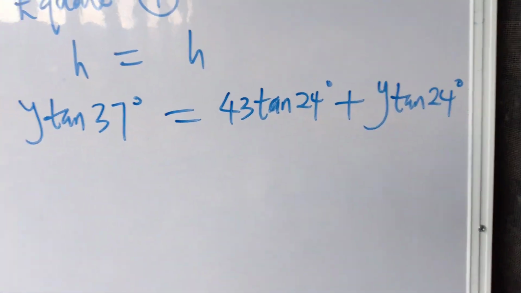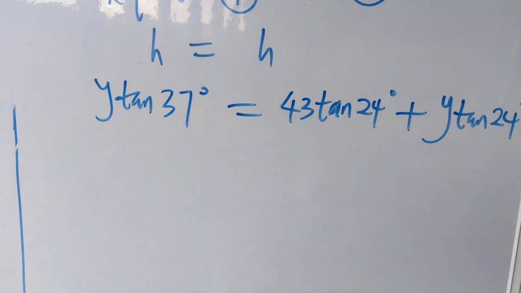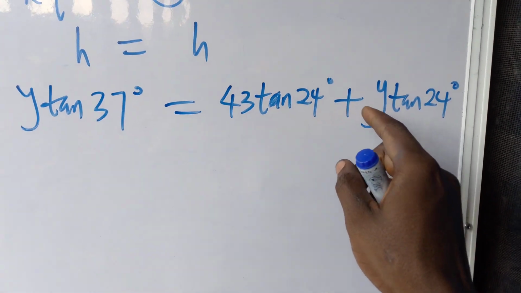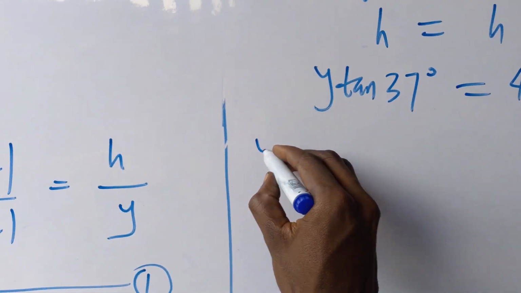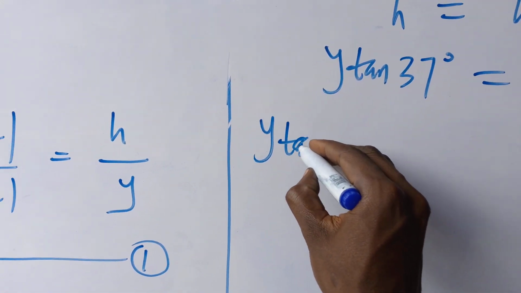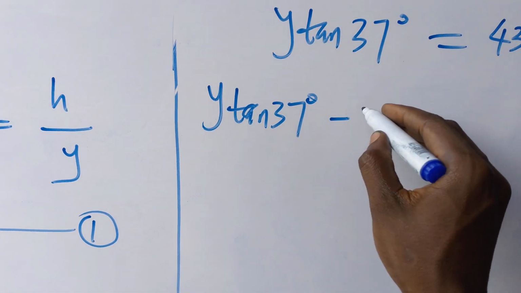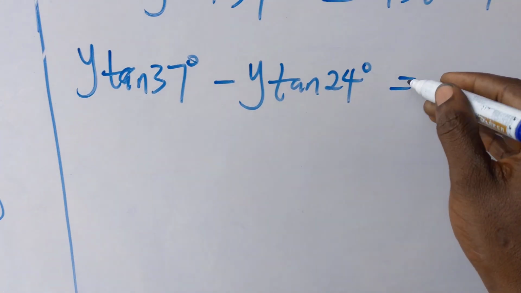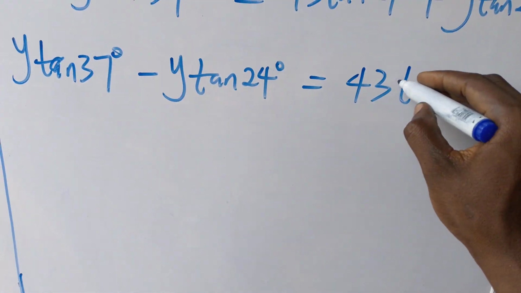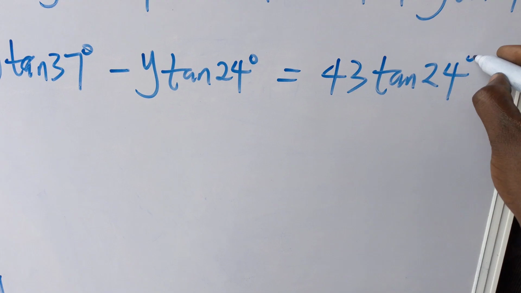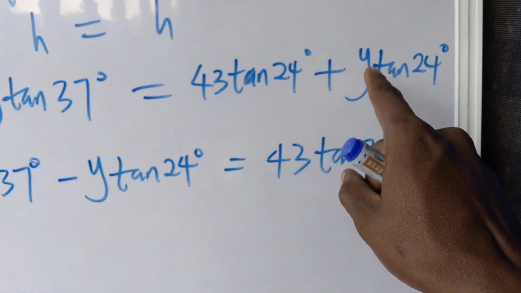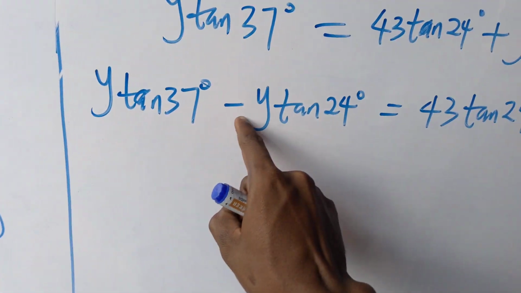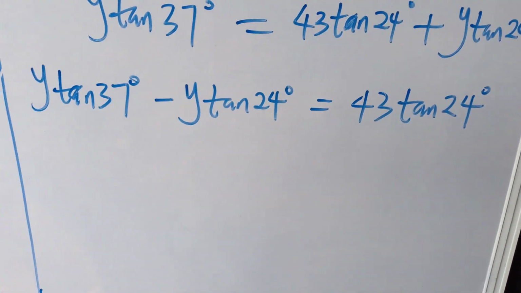If I collect like terms, this one will cross over to this side, and I'll have y tan 37 degrees minus y tan 24 degrees is equal to 43 tan 24 degrees. This is positive; once it crosses the equality sign, it changes to negative, that is minus y tan 24 degrees.